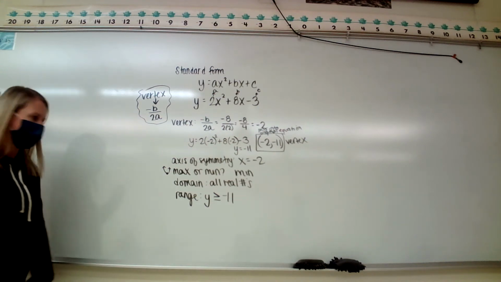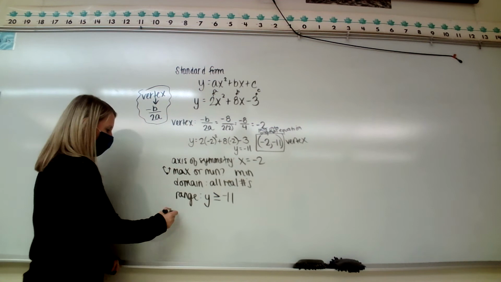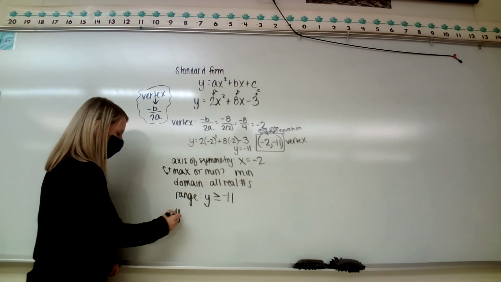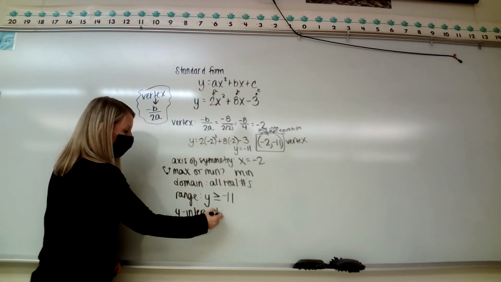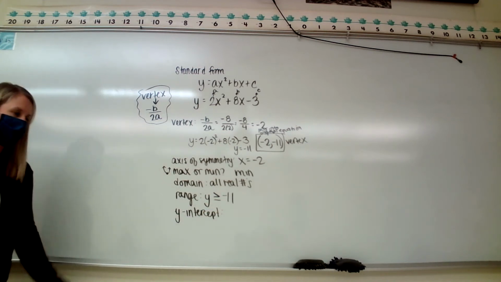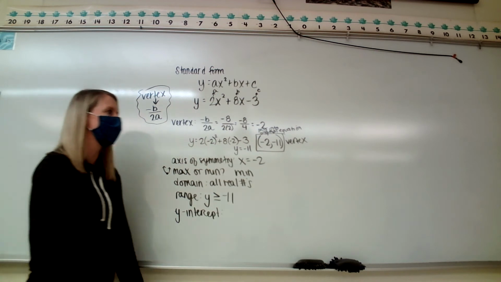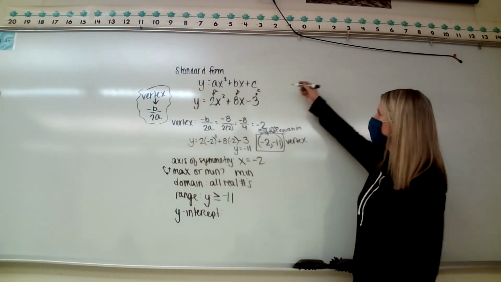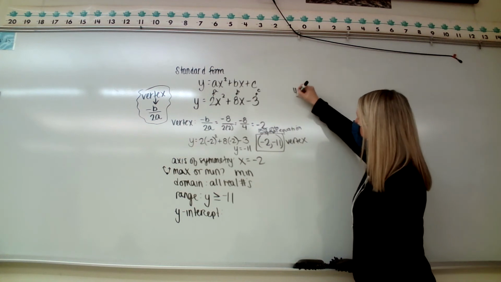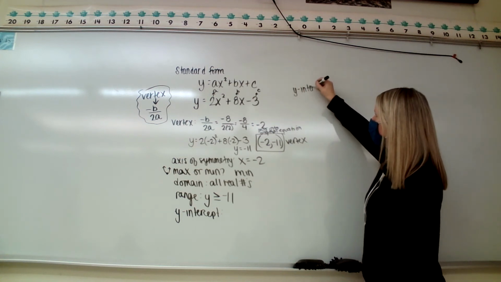Yesterday, someone asked in here, and I didn't mention it. One of the questions yesterday, and I wanted to go over it today, was how to find the y-intercept. Vertex form we'll do in a little bit when we go over the homework. But for this form, it's easy because your C is your y-intercept.